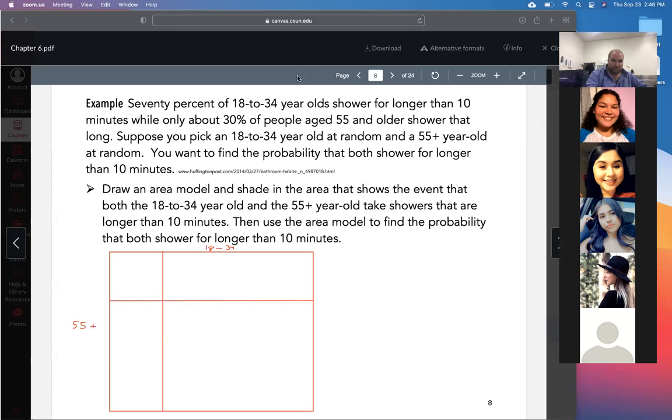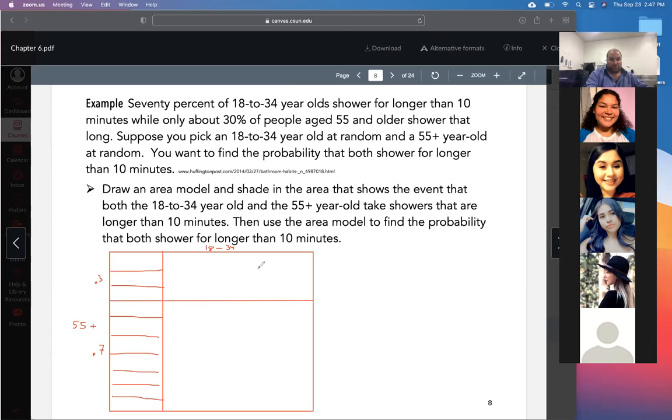So something like this, where this is 30%, 0.3, and this is 0.7. Something like this.